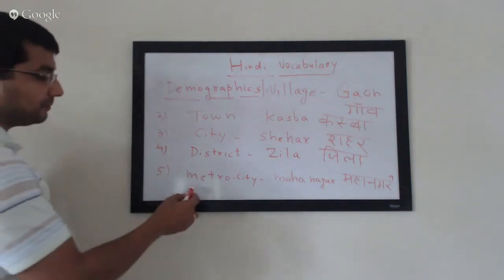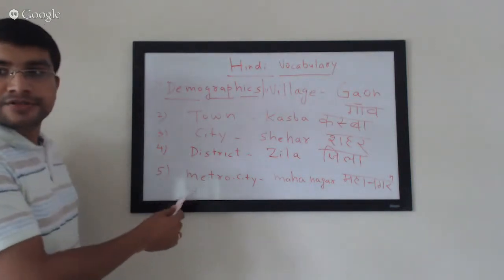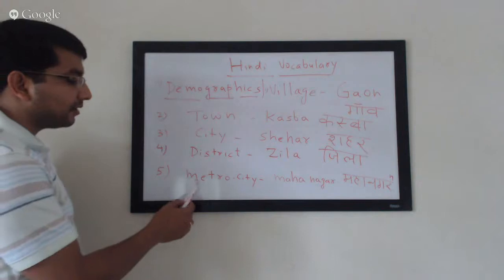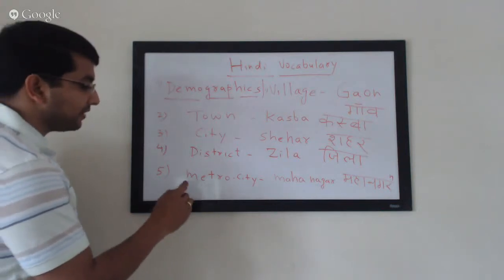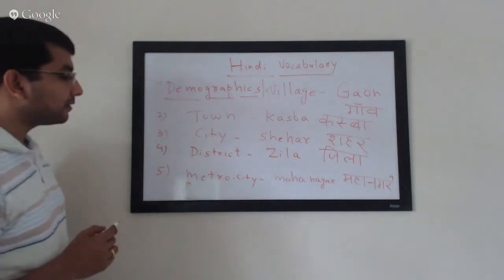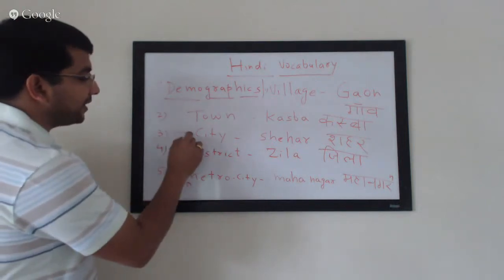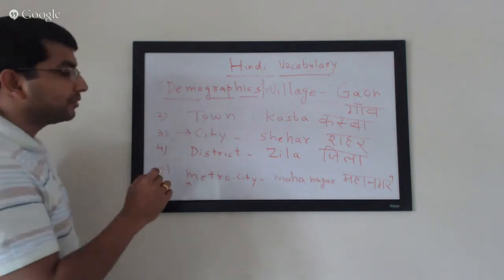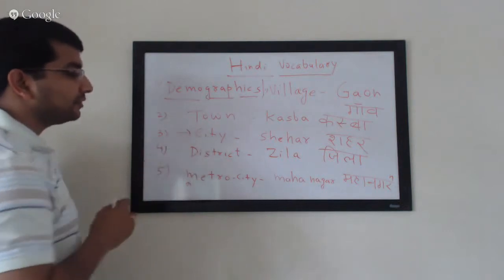So all the metropolitan cities in India such as Delhi, Calcutta, Bombay, Bangalore, they will fall into this category, metro city, Mahanagar. Whereas all the major cities such as Jaipur, Indore, they will fall under the city.